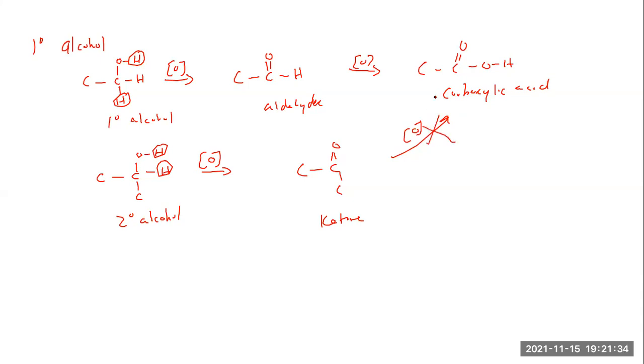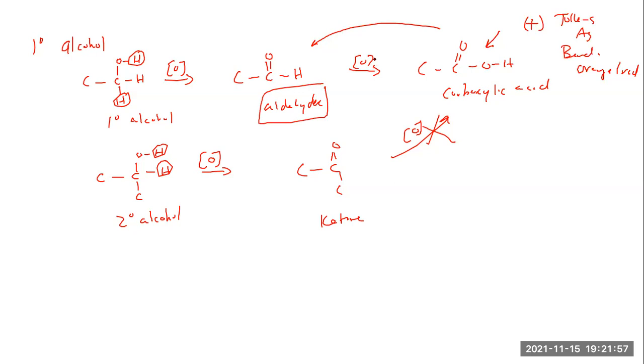So when we use something like the Tollens test or the Benedict's test, and we do get that positive, which for the Tollens would be that silver color occurring, and for the Benedict's test would be that orange red color, that implies that our carboxylic acid has been made, which if we follow it back implies that we did have an aldehyde to start with.